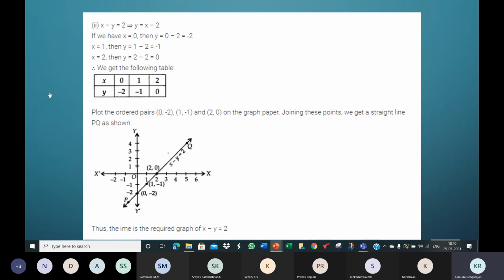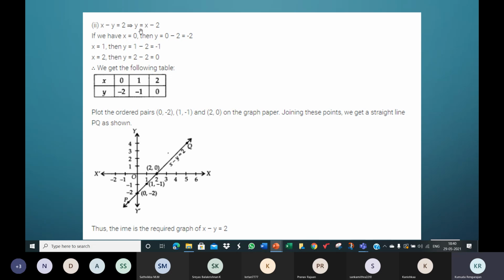This is how we make the XY table, children. x minus y is equal to 2 is the equation. I told you, you can write y in terms of x or x in terms of y. So here they've written y is equal to x minus 2. Give different values for x and find the corresponding values of y and put the values you get in this XY table.